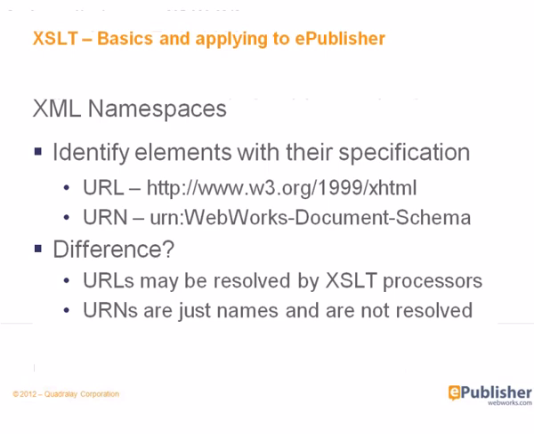Now, you'll also see that there are generally two types of namespaces. There's one that uses a URL and another that's called a URN. The major difference between those is that URNs are really just names. One advantage is that they won't necessarily try to be resolved when you process them. If you look at WebWorks ePublisher under the hood, we use lots of URNs because we really don't want things to be resolved to any particular location.